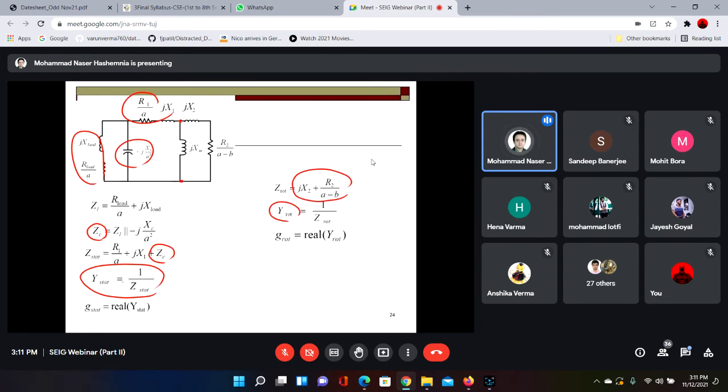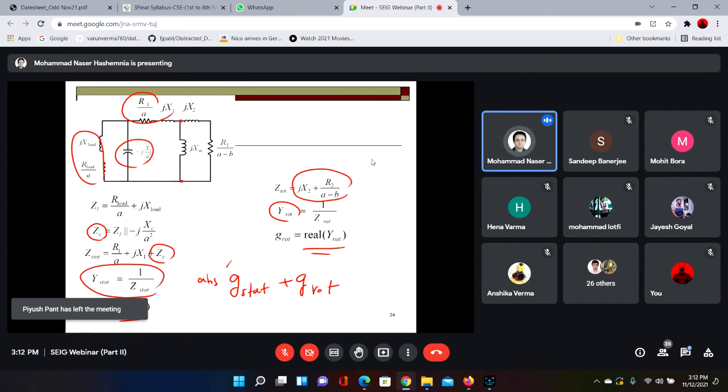G is the conductance; G is the real part of Y stator, the real part of admittance is known as conductance, and also here. Then G stator plus G rotor should be 0, but you find a value of A which minimizes the absolute value of G stator plus G rotor, and then that A will be the working frequency.